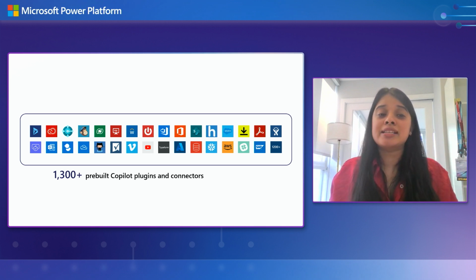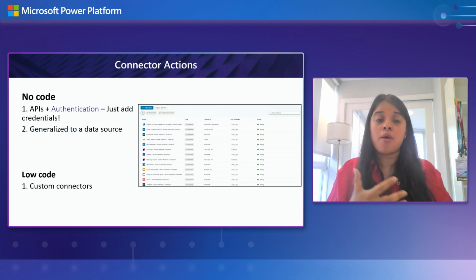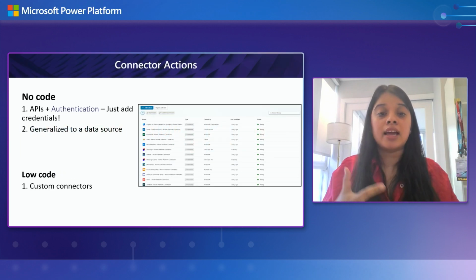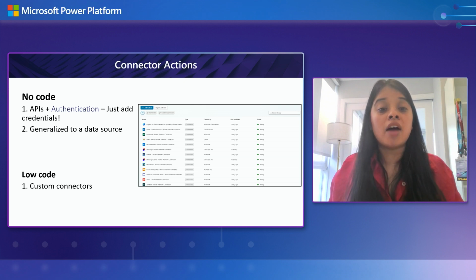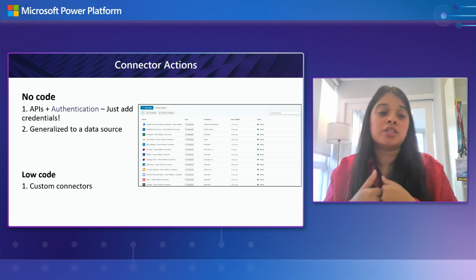So you are not just limited to a couple of them. You actually have a huge ecosystem that you can work with based on the need of your organization. And as we saw in our demo, it works really well, of course, for your first party Microsoft related connectors, and it also works very well with other connectors like Salesforce and much more.